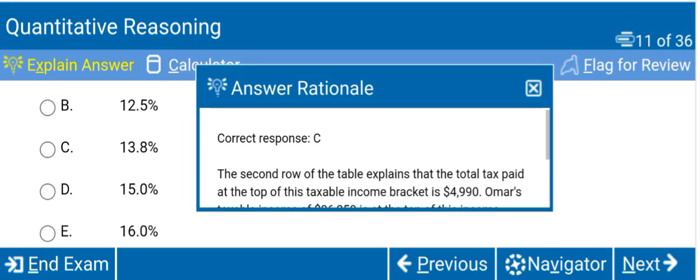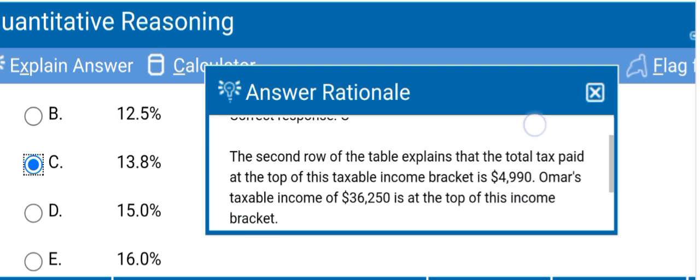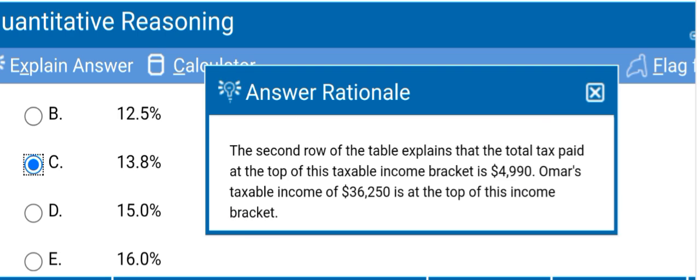The correct response is option C. The second row of the table explains that the total tax paid at the top of his taxable income bracket is $4,990.